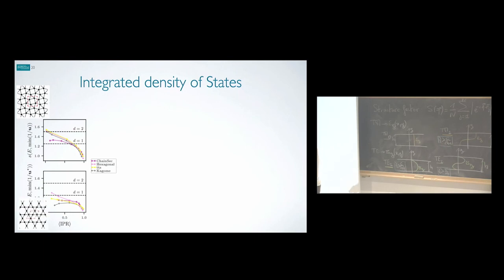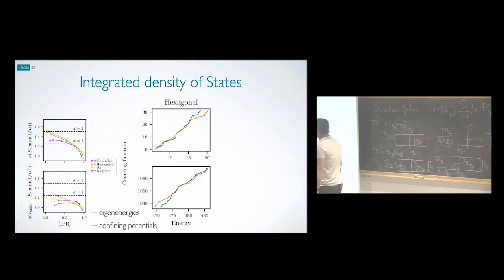But here we suspect, so the Kagome lattice is this lattice with 3 atoms per unit cell, 3 bands. And the problem is that the third band, the flat band, is on the top of the energy. So it means that the demodulation is spoiled, we guess, by this flat band.